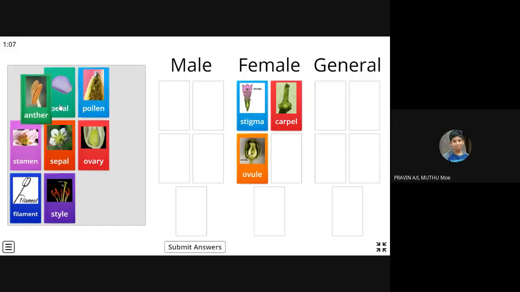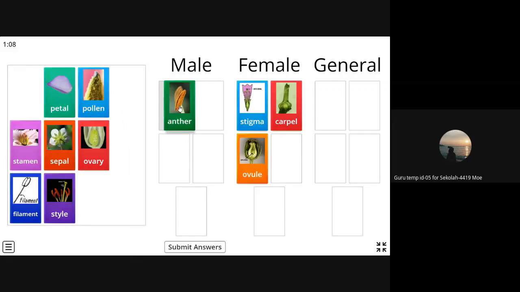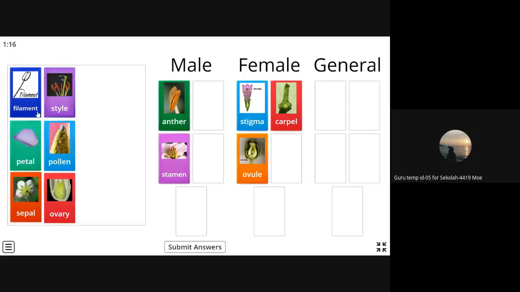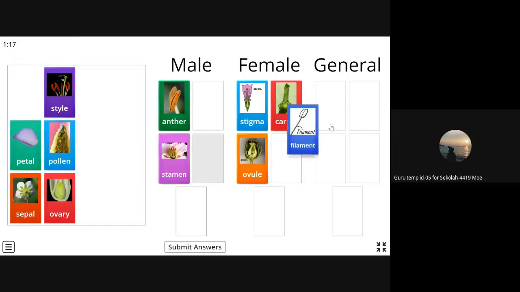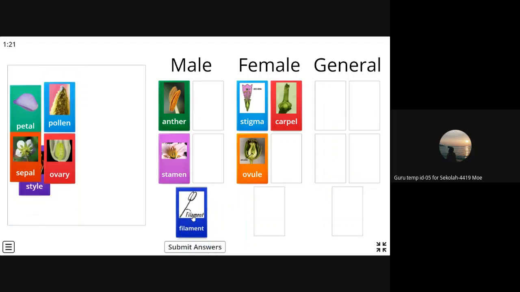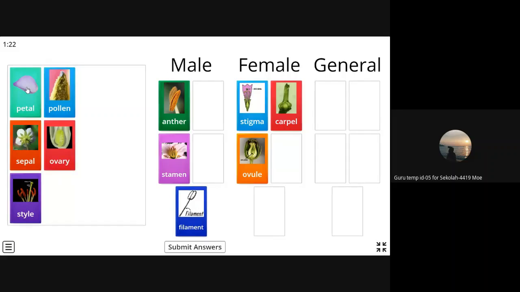Anther is male one. Male one. Okay, betul. Stamen. Male. Stamen is male. Okay, you can write your answer in the chat section. Filament. Male. Okay, male. Petal.